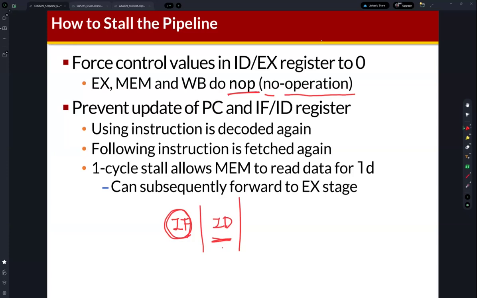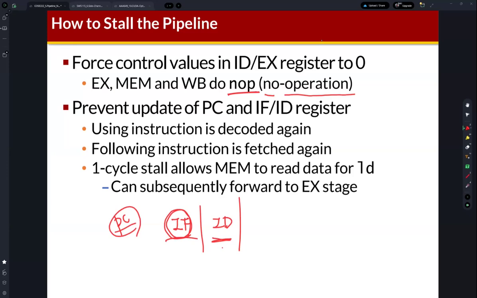So how can you implement the pipeline stall in the instruction fetch stage? We can just maintain the PC value, right? The PC is not updated. In order to fetch a new instruction, we need to update the program counter.